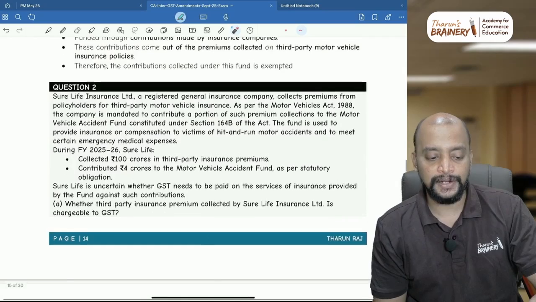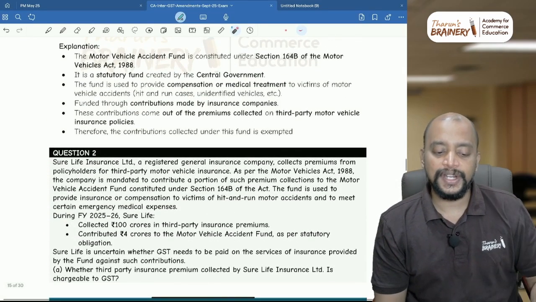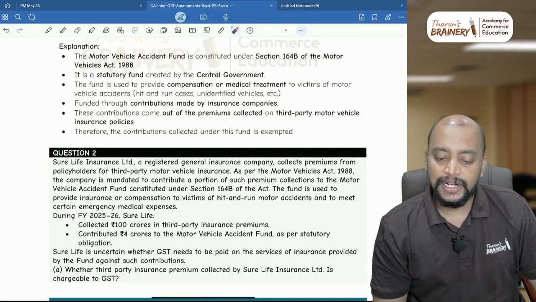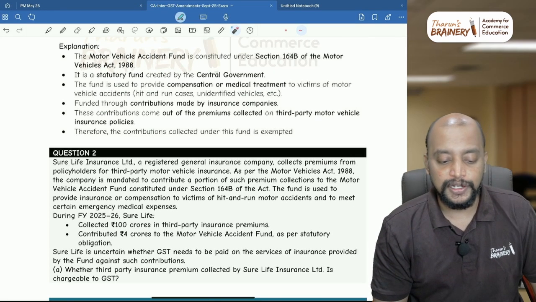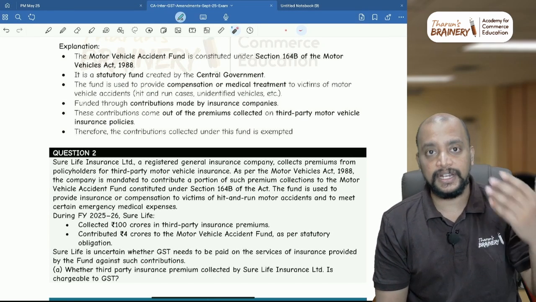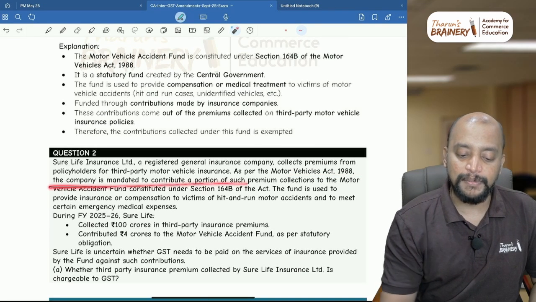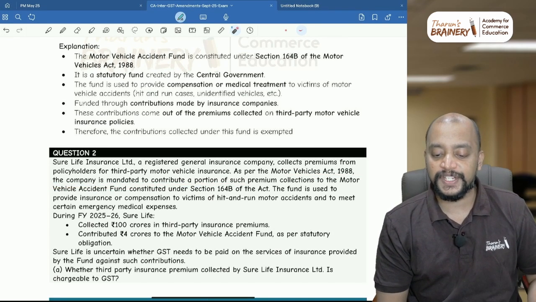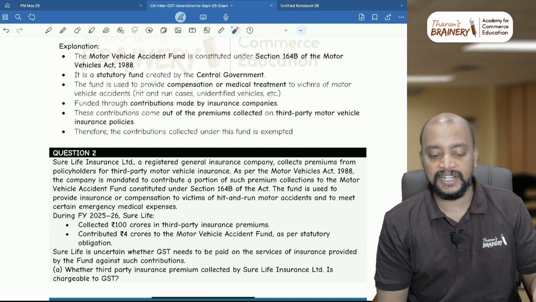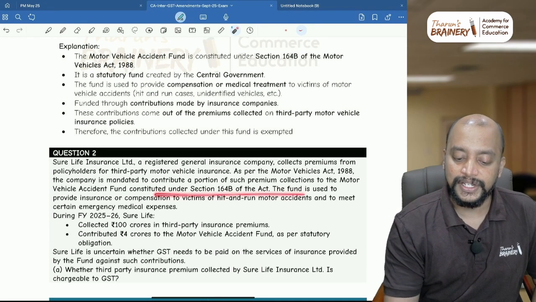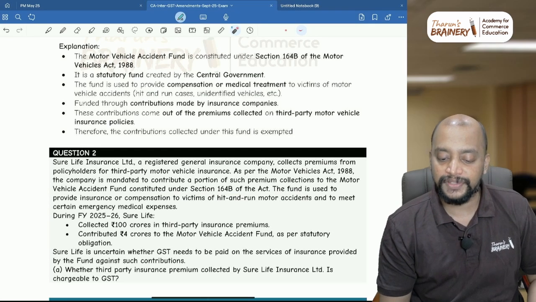Now see this question. Sure Life Insurance Limited, a registered general insurance company, collects premium from policyholders for third party motor vehicle insurance. As per the Motor Vehicles Act 1988, the company is mandated to contribute a portion of such premium collected to the Motor Vehicle Accident Fund, constituted under section 164B of the Act.